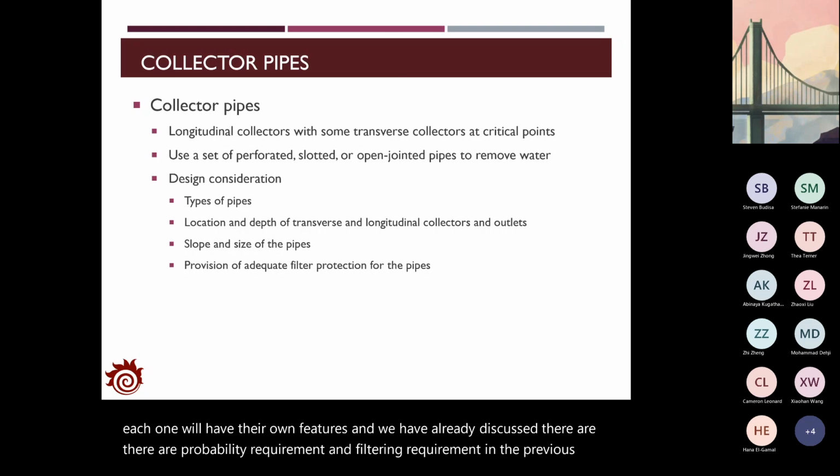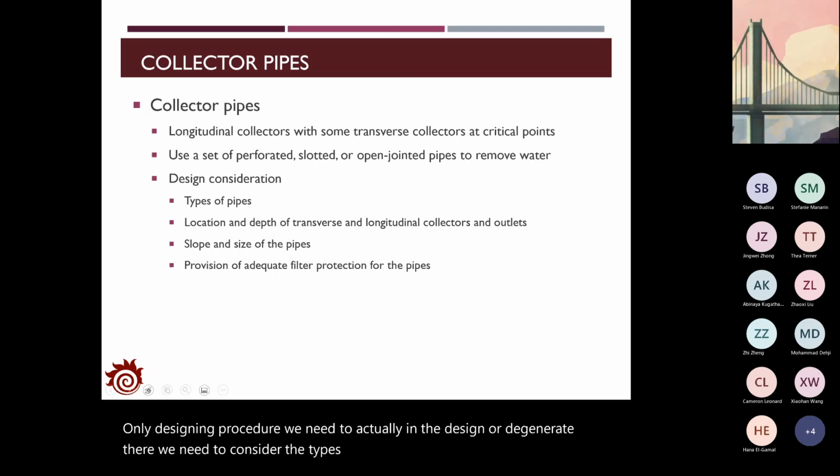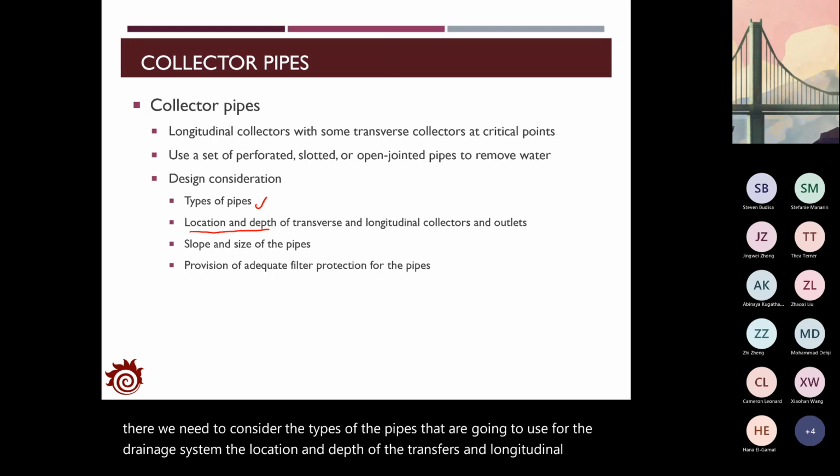But in the design procedure, in the design of the drainage layer, we need to consider the types of the pipes that are going to be used for the drainage system, the location and depths of the transverse and the longitudinal collector pipes and the outlets.